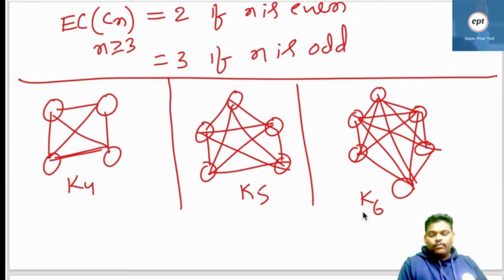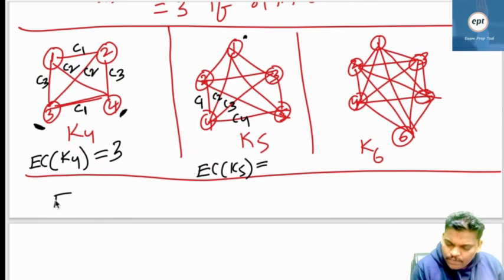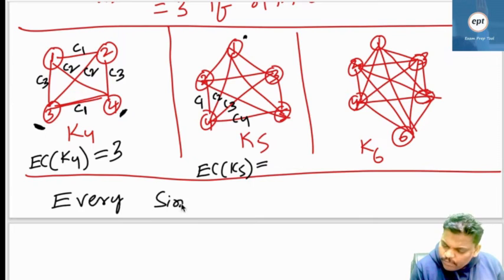So can you try one by one? Edge chromatic number for everyone, can you find out?